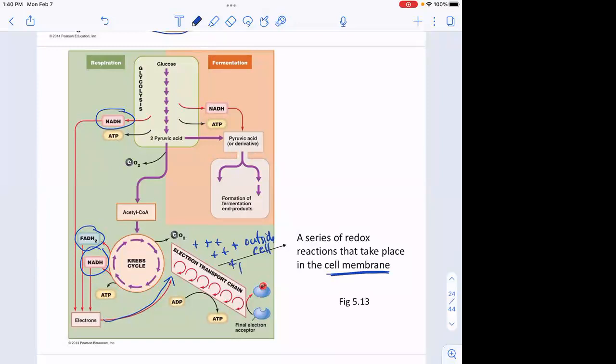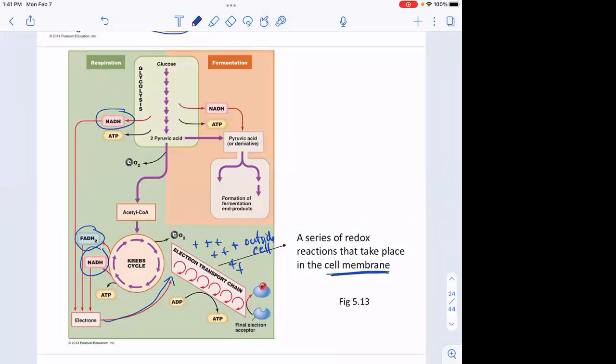Okay, and that proton gradient, anytime you've got a whole bunch of something, it's trying to equalize out. It's going to actually diffuse back into the cell without the cell spending any energy. So this is the water that's being held back by the dam, that when it does diffuse in, that powers the phosphorylation of lots of ADP to ATP.